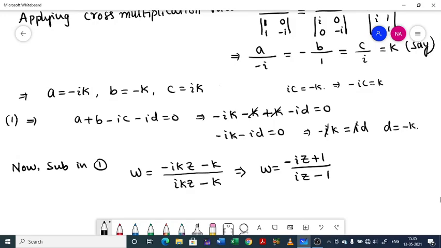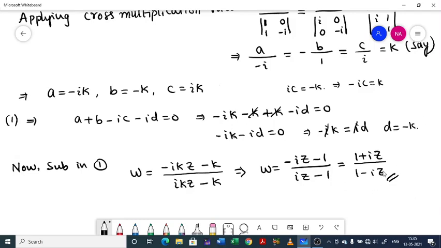Okay, sorry, this is minus 1, so minus IZ minus 1 divided by IZ minus 1. So reversing this denominator, minus of 1 minus IZ, cancelling that with the numerator, it will be 1 plus IZ divided by 1 minus IZ. So this is the required transformation.